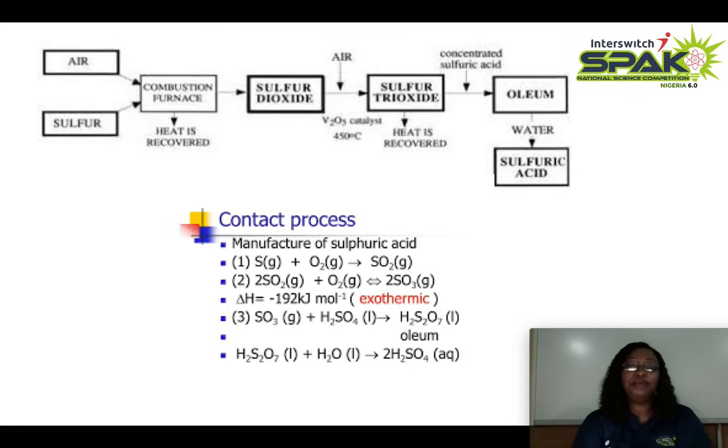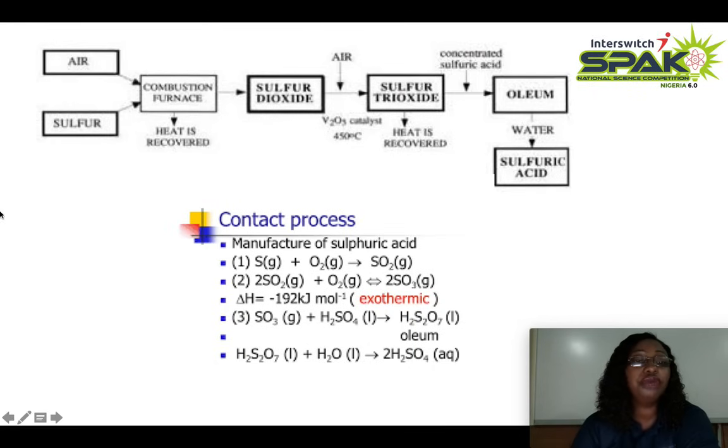Now, this particular slide you're looking at is known as the contact process, which is the industrial preparation of sulfuric acid. From sulfur, you have your air. The most active ingredient in air is oxygen.